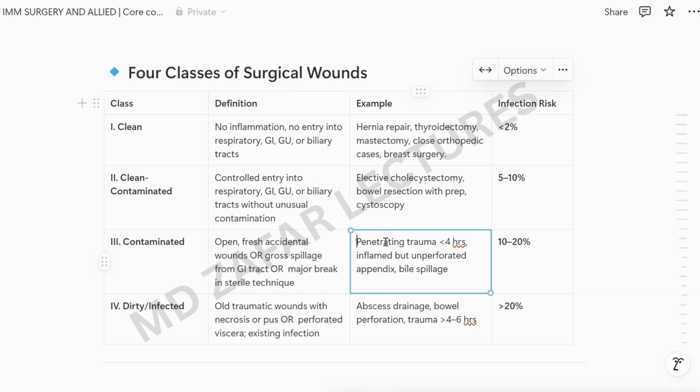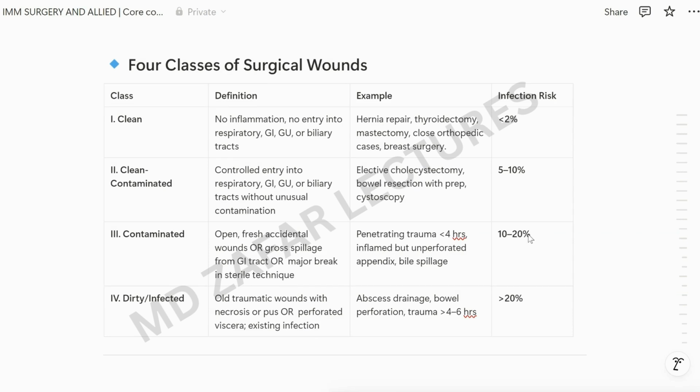So penetrating trauma less than 4 hours will be contaminated. Inflamed but unperforated appendix is type 3, and if there is any bile spillage during cholecystectomy, it will convert the wound from class 2 to class 3. The rate of infection in a contaminated wound will be around 10 to 20%.